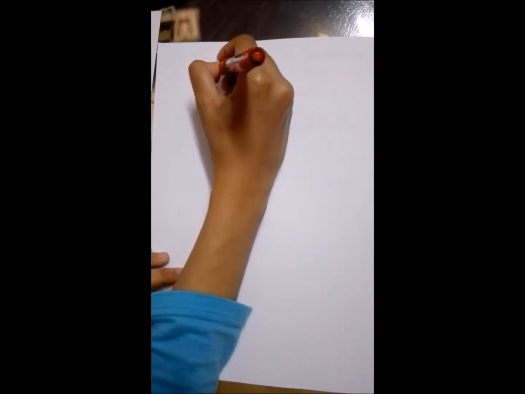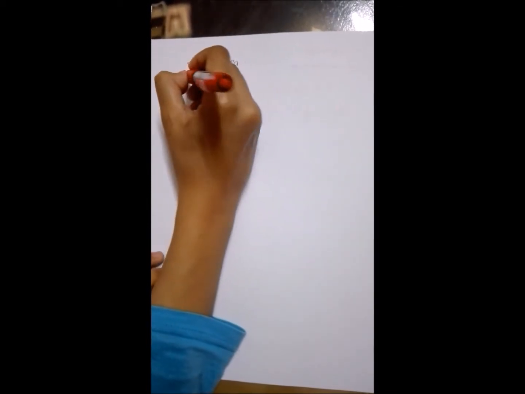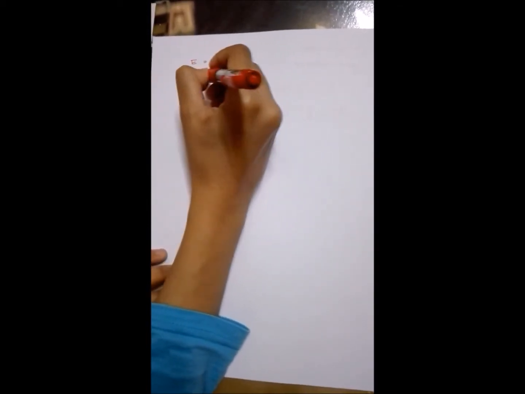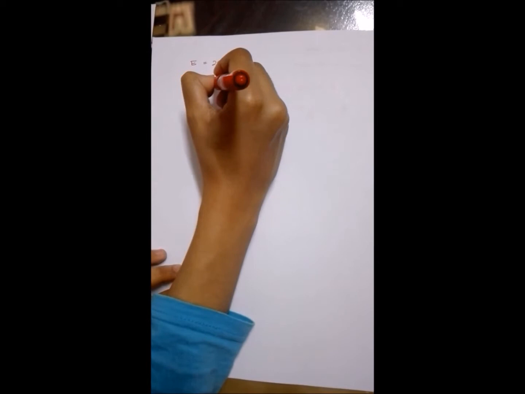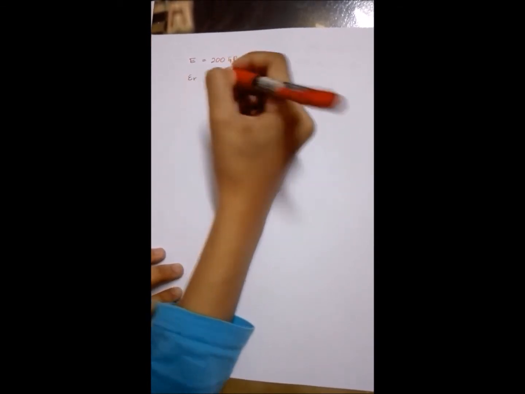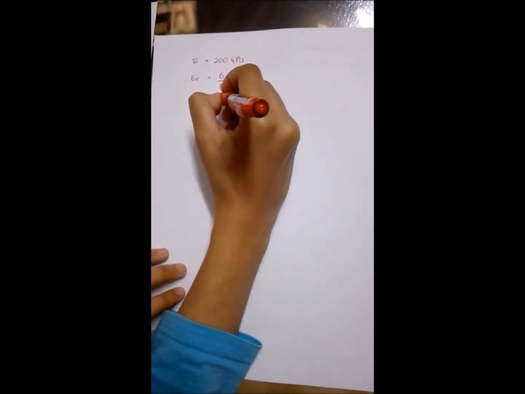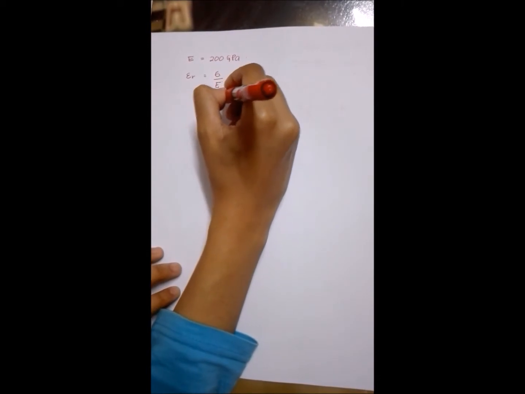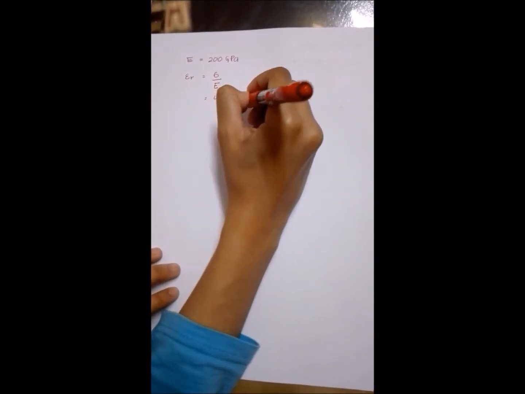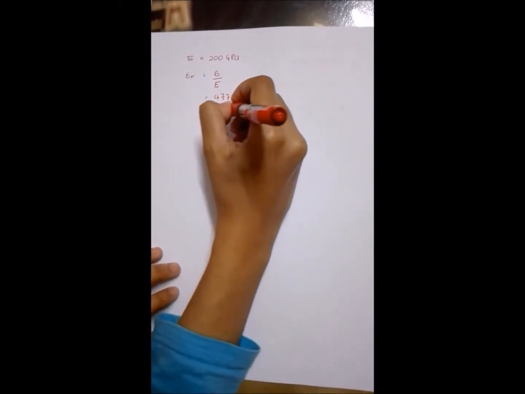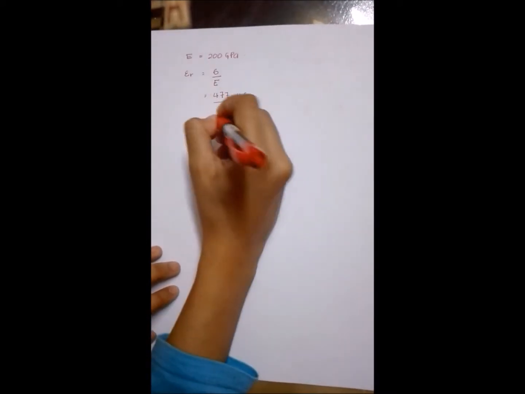As we got just now, modulus equals 200 gigapascal. So the formula of the strain recovery is stress over modulus. The stress that we got just now is 477.46 over 200 gigapascal.